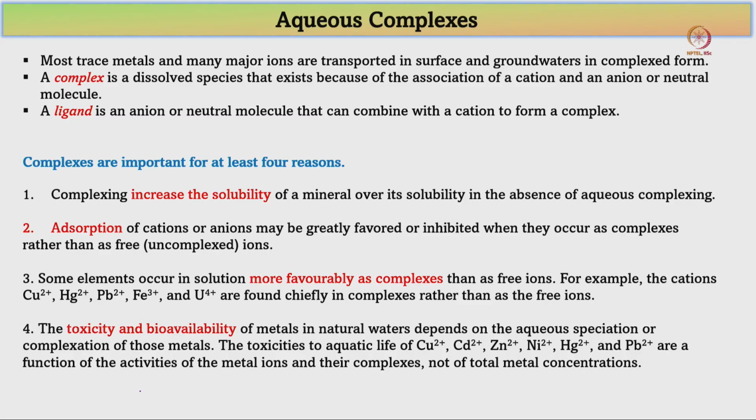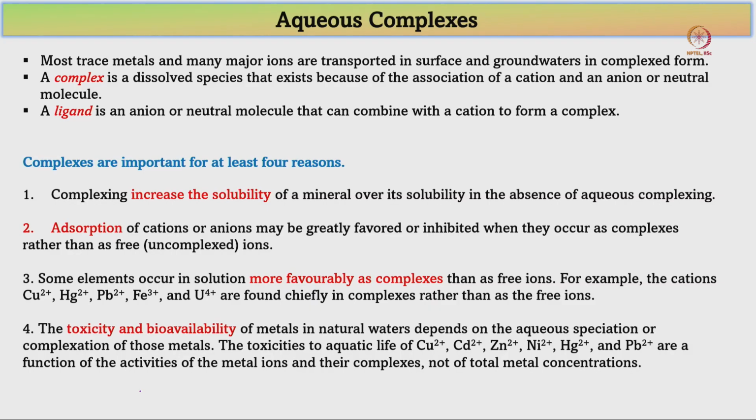Now, what is a complex, as I just mentioned, is a combination. Instead of a molecule we can have something called a ligand. A ligand is an anion or a neutral molecule, and it can even be an organic molecule.